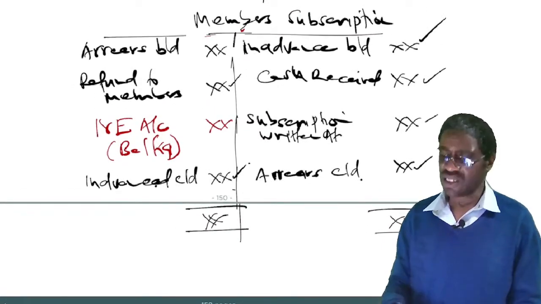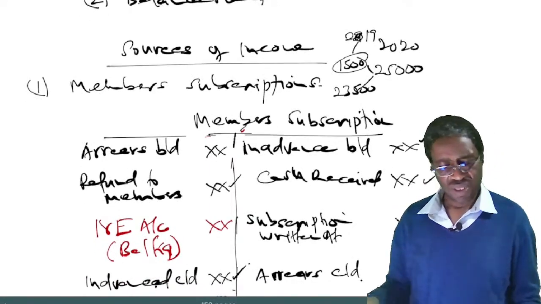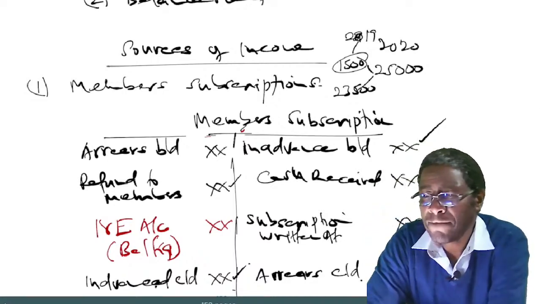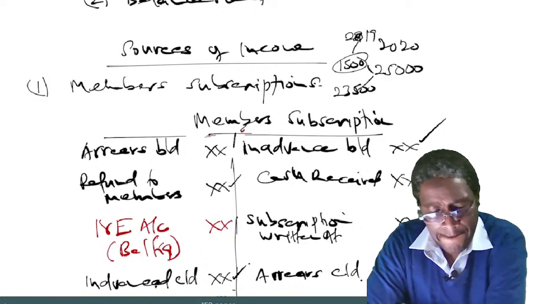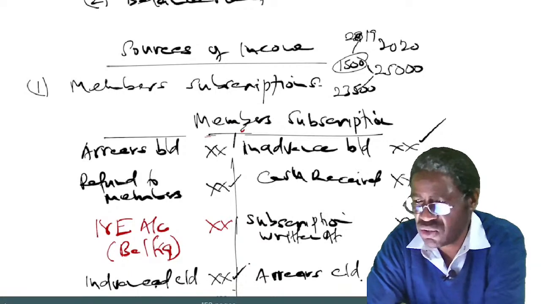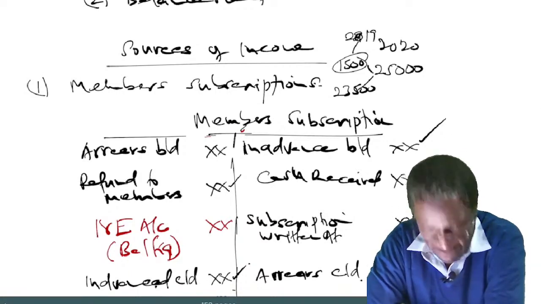So Andika, another subheading: sources of income. Number one, members subscriptions.